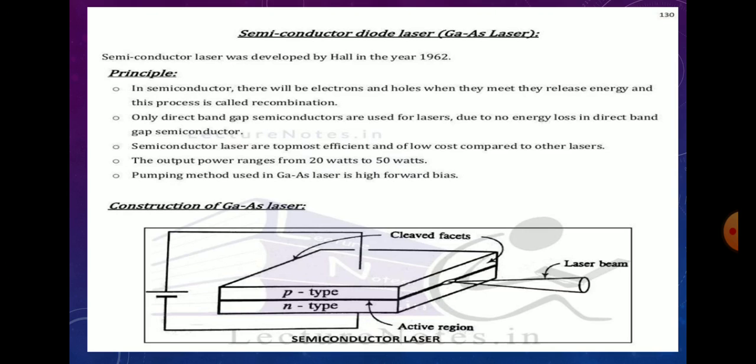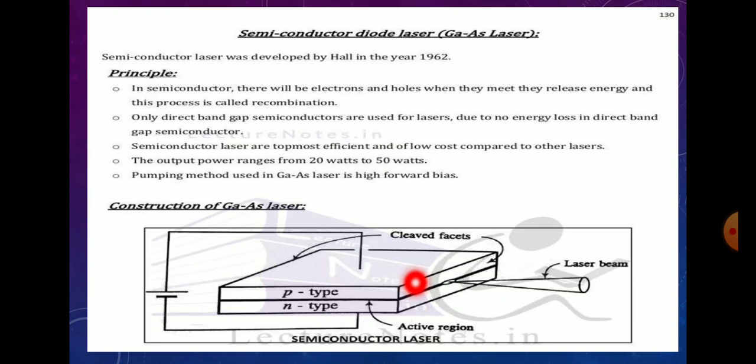The first basic PN junction laser is called the homogeneous laser. In this homogeneous laser, the same semiconductor material is used on both sides of the junction.